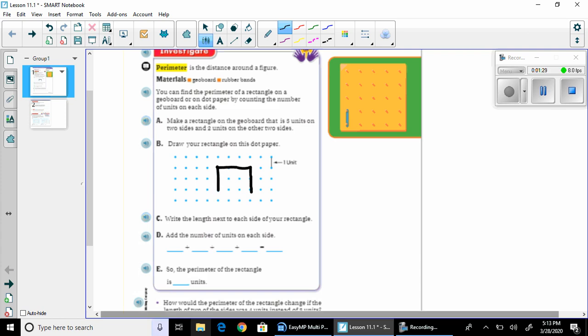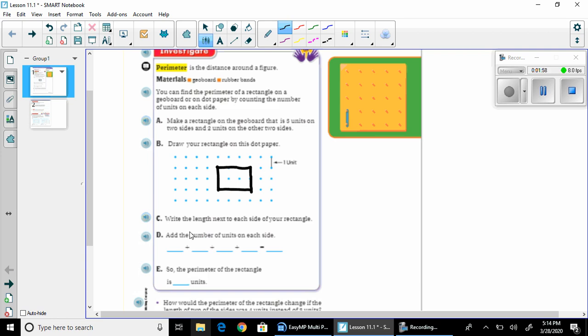And then I'm going to close off my rectangle with 3 units. 1, 2, 3. Remember, a unit is from here to here. So this side has 2 units, and this side has 2 units, and then your top and bottom are 3 units.